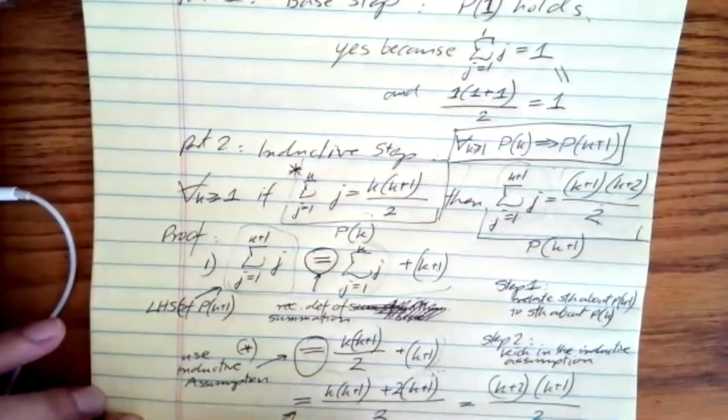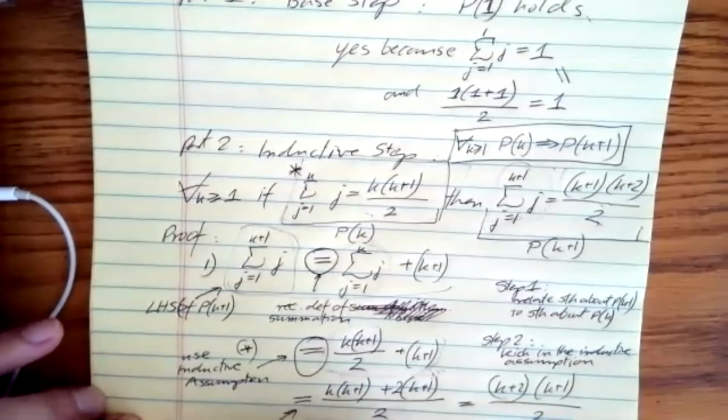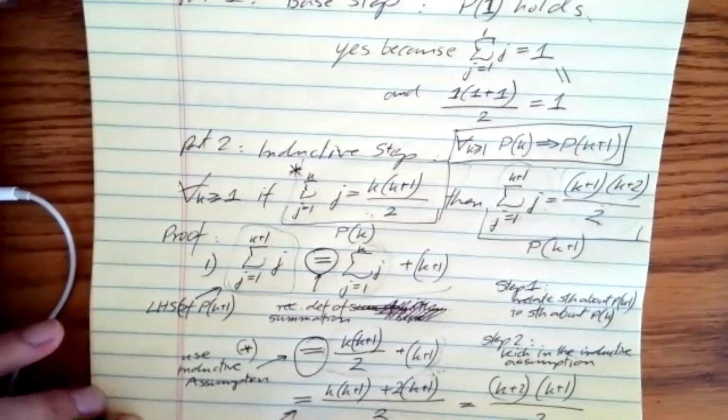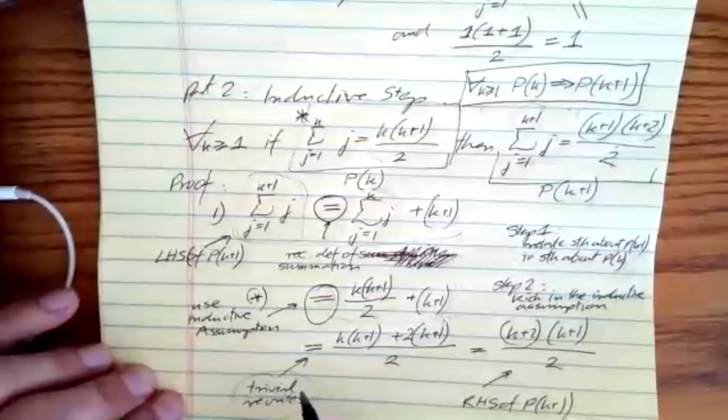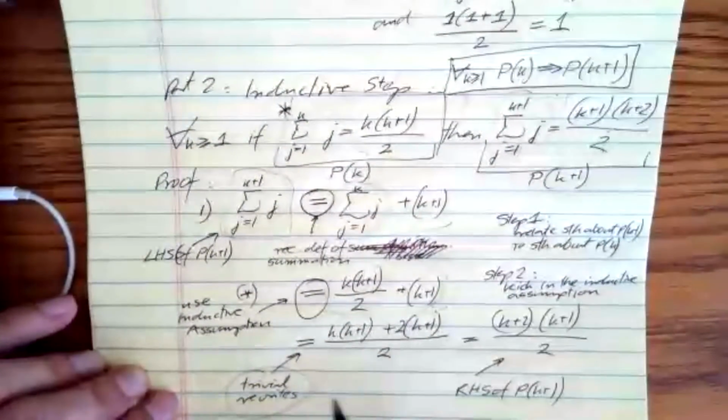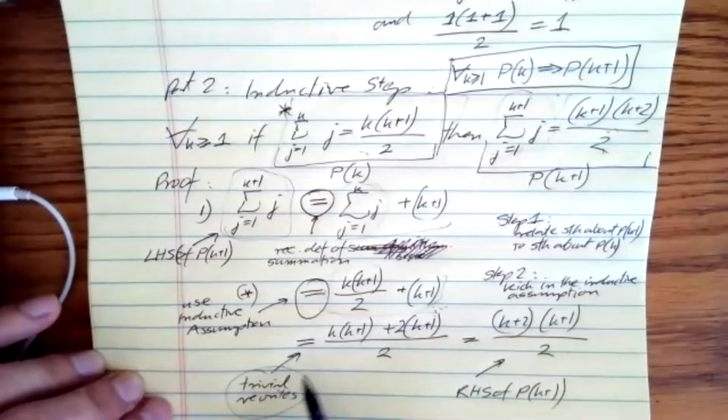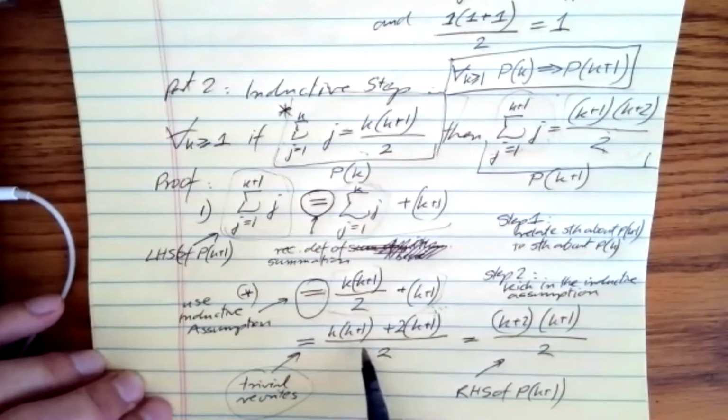And this is the trivial rewrites after that, right? So I'm not using really anything else. This is just arithmetic, which might be challenging sometimes. Actually, the hardness might be in these changes.